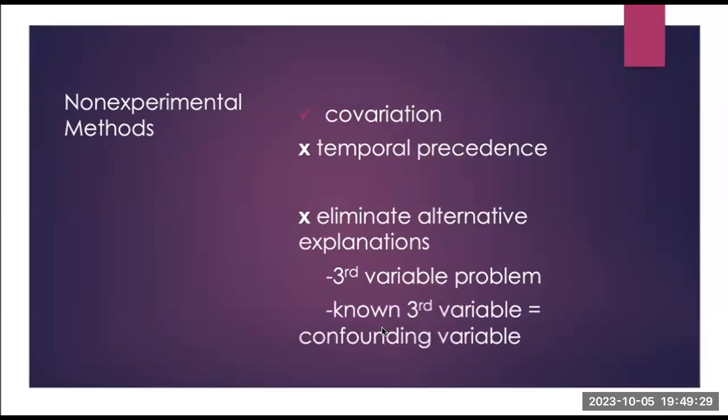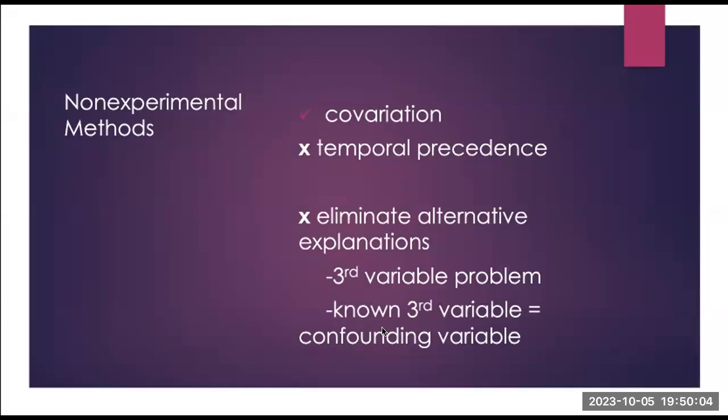Good researchers will look at existing studies to really get an understanding of the variable they want to learn about. Often, by looking at what's already been established, you can get a sense of which variables are related to each other. There very well could be a known third variable, and we would call that a confounding variable. A confounding variable is one that we're not directly studying in the experiment, but it exists, and it changes systematically along with the dependent variable.